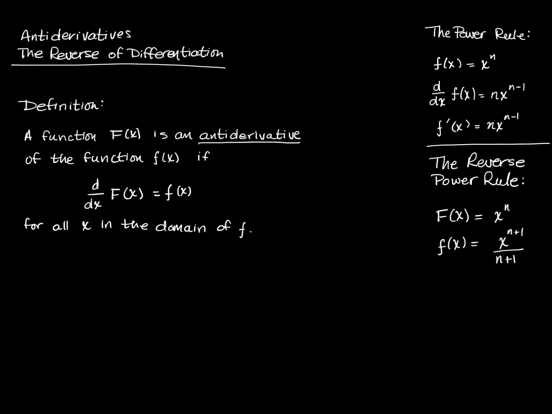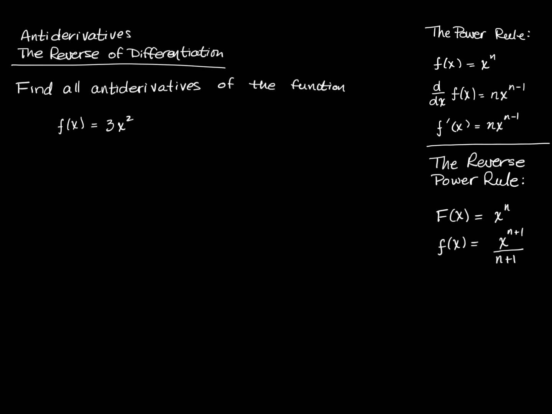All right, let's do that example. If the function f of x is 3x squared, what is the antiderivative? What is big F of x in this case? Well, this is a polynomial term, so we can use the reverse power rule.